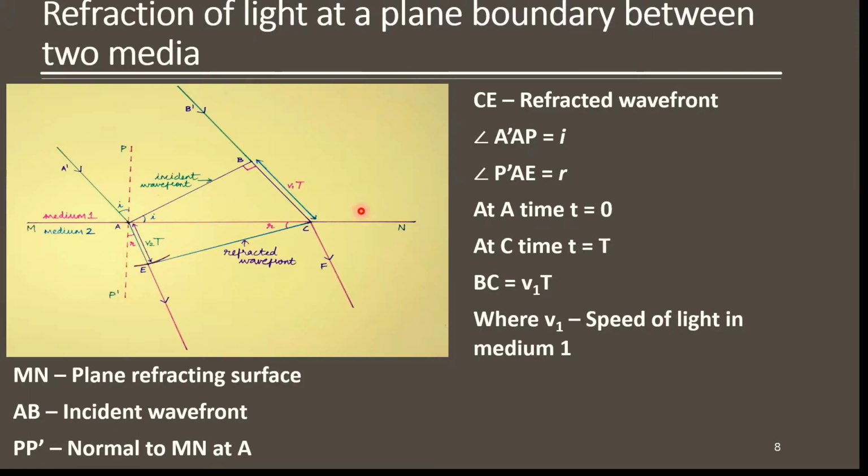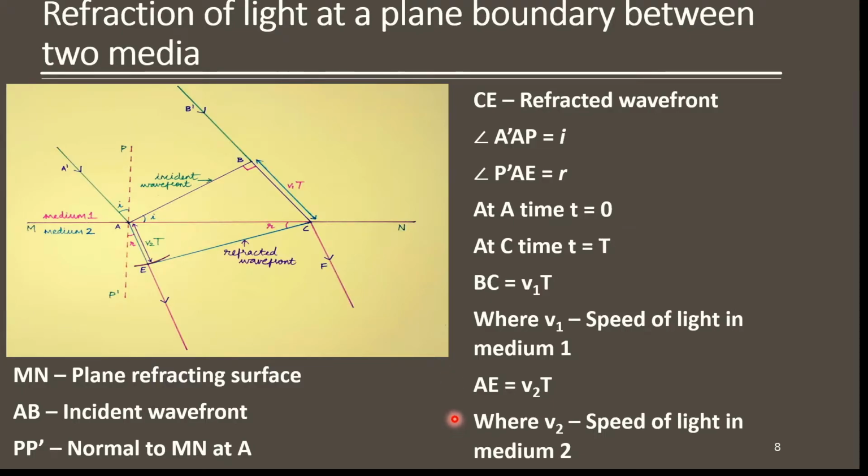CE is the tangent to the secondary wavelet emitted from A. The tangent touches the arc at E. AE is equal to V2t, where V2 is the speed of light in medium 2 and AE is the distance covered by the secondary wavelet from A in time t in medium 2.